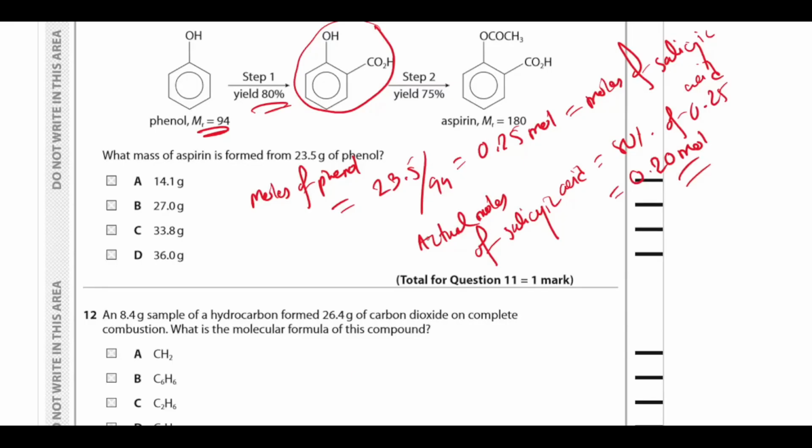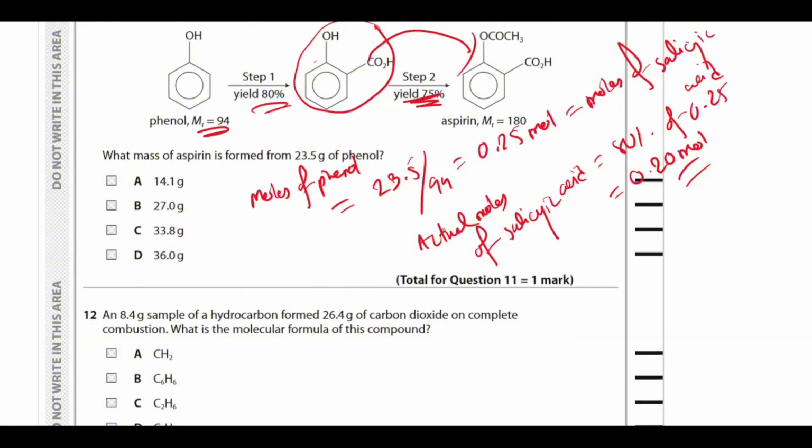Now, again, using the same process with a 1:1 ratio, we now know the moles of salicylic acid, which is 0.20 mole. Since the mole ratio of aspirin and salicylic acid is 1:1, the theoretical moles of aspirin would be 0.20. Now of course the yield is also provided, which is 75%. So practically what we'll be getting is pretty simple.